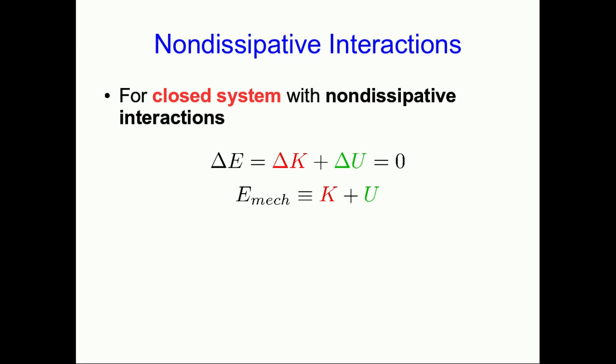And we've already seen earlier, briefly, that we call kinetic energy and potential energy together mechanical energy, and we distinguish them because they're the two forms of energy that can be reversibly transformed back and forth into each other. So that means we can summarize the condition for a closed system with non-dissipative interactions as that the change in mechanical energy of the system is 0.